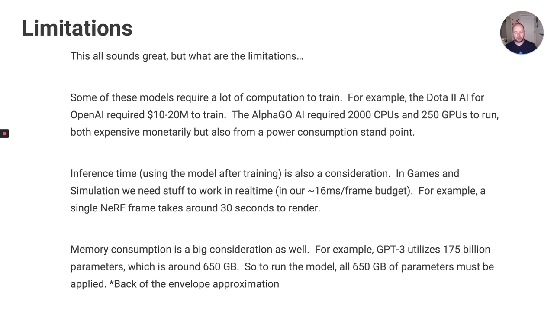And to run that model, you essentially have to run those 650 gigabytes of parameters against your input conditioning data. This is just a back of the envelope approximation, but 650 gigabytes is a lot of memory, right? It's a lot more than I have on my GPU or even on my machine. So to run these algorithms, you really have to think about memory consumption and considerations of that sort.